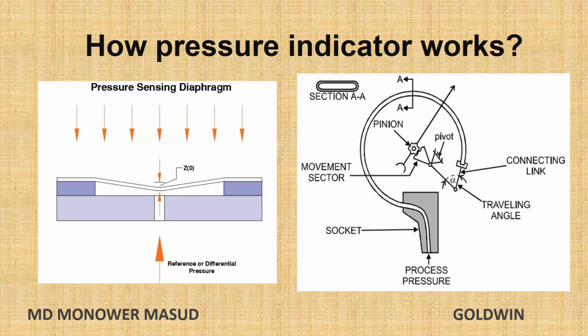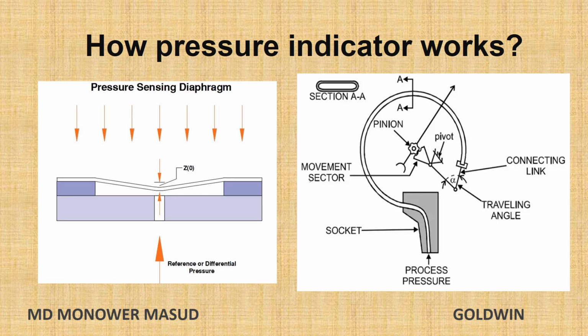In these cases, the mechanical motion from the sensing element is converted into an electronic signal, which is then displayed digitally. Safety and calibration. Many pressure indicators incorporate safety features like overpressure protection mechanisms to prevent damage to the sensing element or the indicator itself. Additionally, periodic calibration ensures that the pressure indicator provides accurate and reliable readings over time.